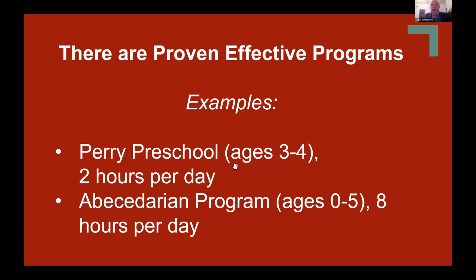And the children, 3 to 4 years of age, went to a school 2 hours per day. And in their program, they planned, they did, and they reviewed tasks. Simple tasks like drawing a picture or making a boat or maybe making a garden or potting a plant.